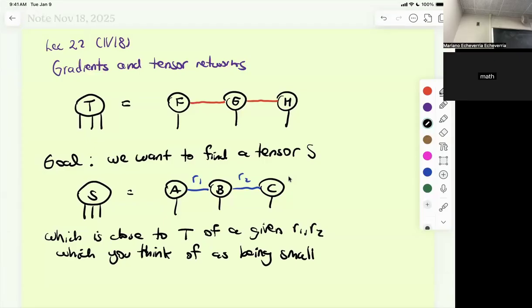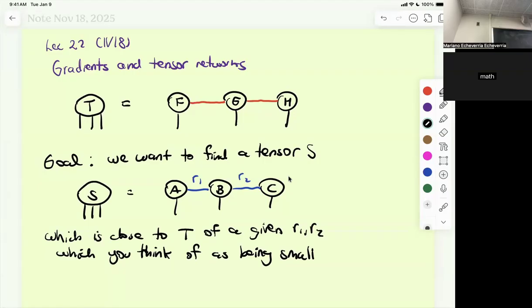You're trying to find a tensor close to it, but where each node has a smaller dimension in the direction in which they're being contracted.